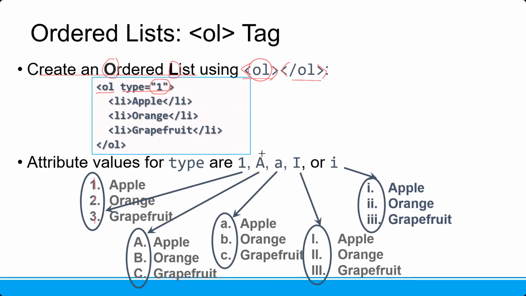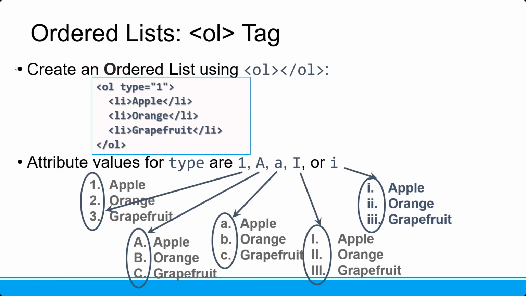If the type is A with capital letter, then it will be A, B, C with capital letters. If the type is a with small letter, then it will be a, b, c with small letters, and so on. So the type can be 1, A with capital letter, a with small letter, I with capital letter, and i with small letter.